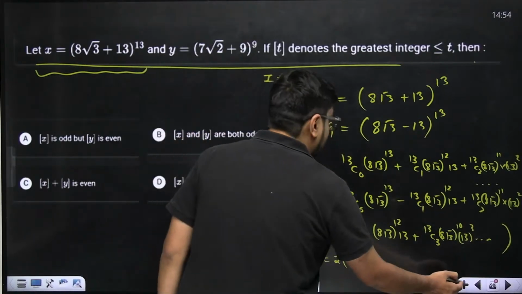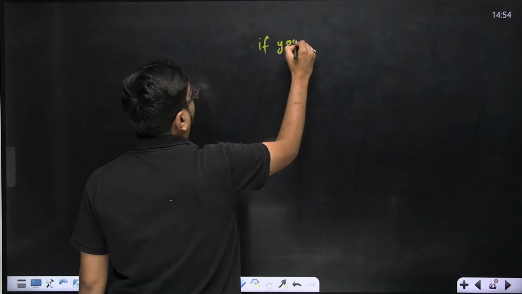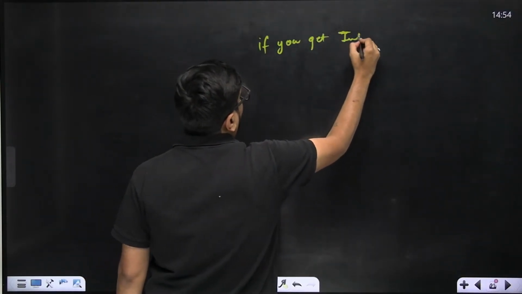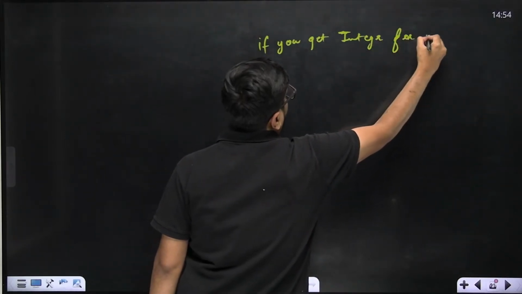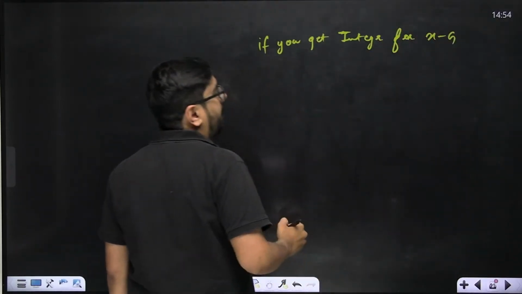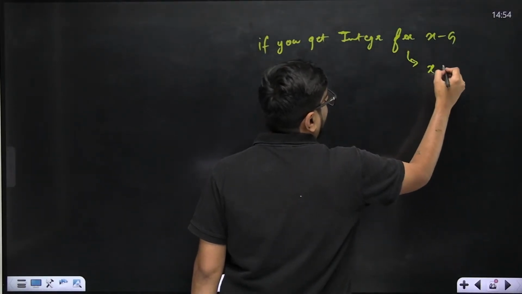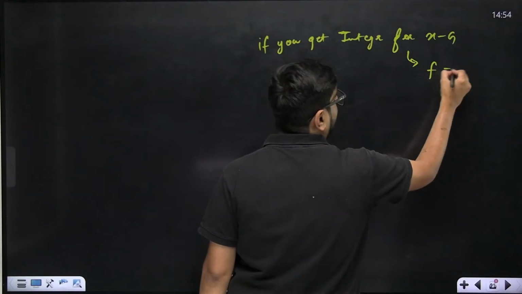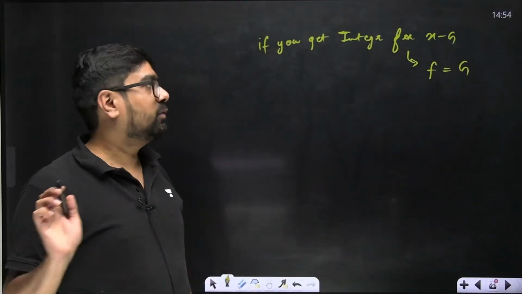Now after this, remember 2 things. If you get an integer for x minus g, then this implies that your fractional part f is equal to g.